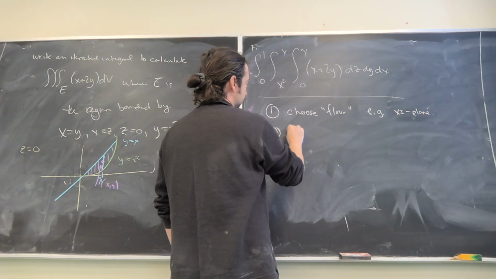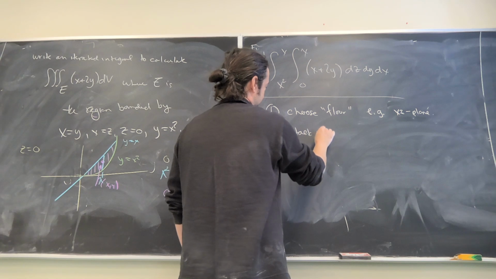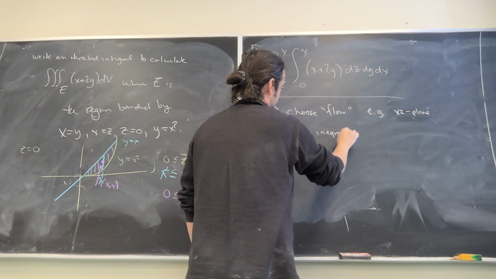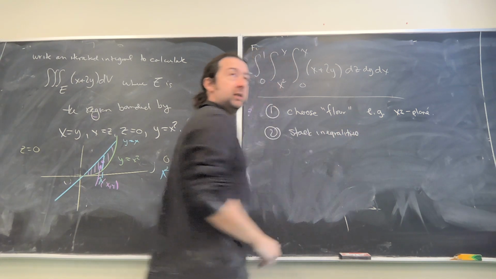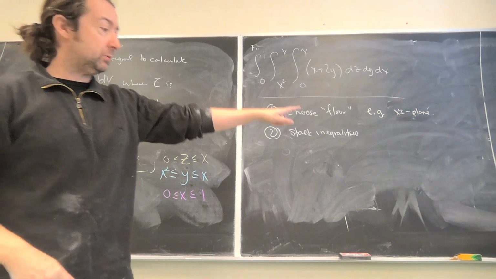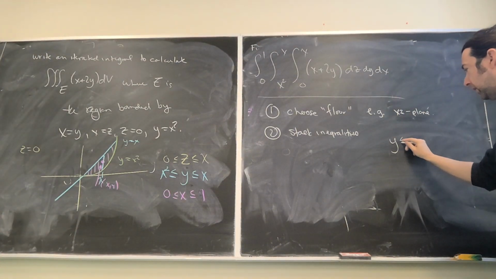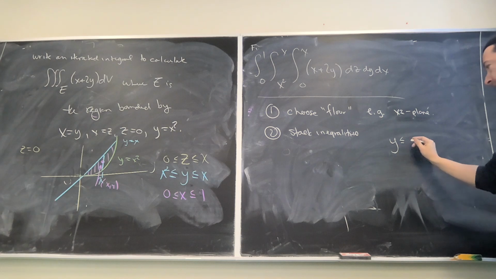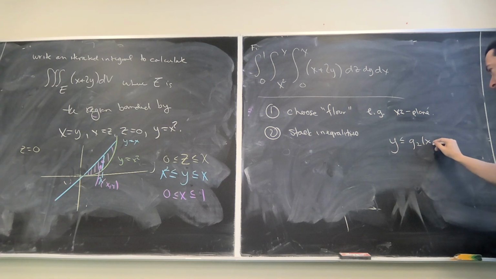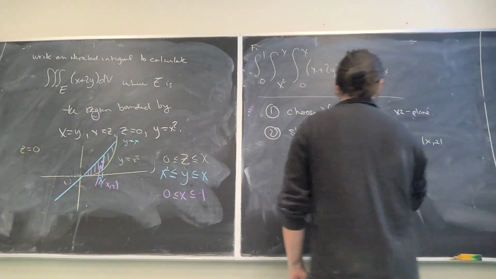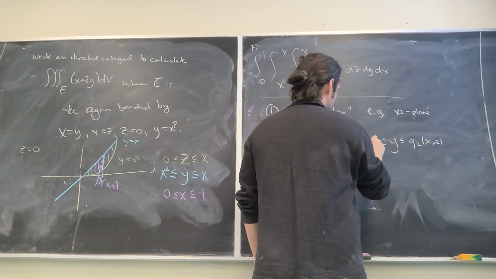Step 2, then you stack your inequalities. In the case where you've chosen the xz plane to be your floor, it will be something like y has to be trapped between functions of x and z. So g2 of x and z and g1 of x and z.